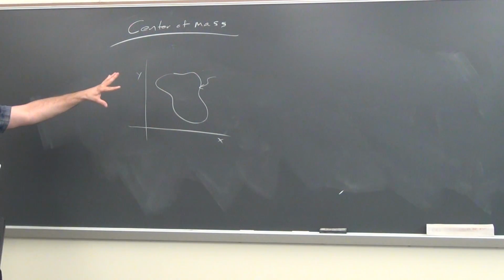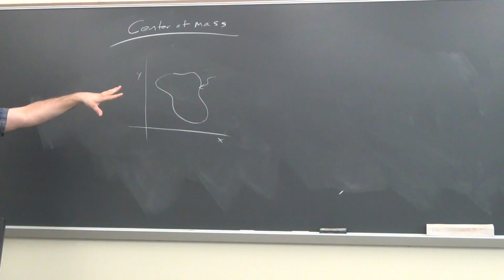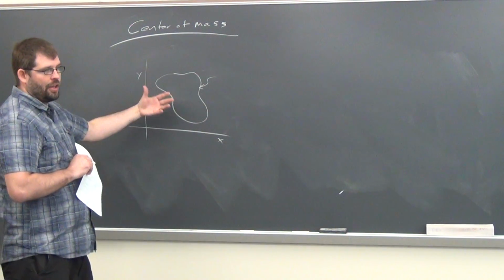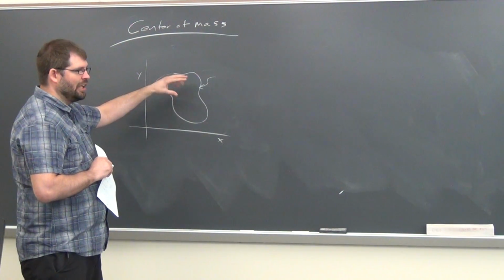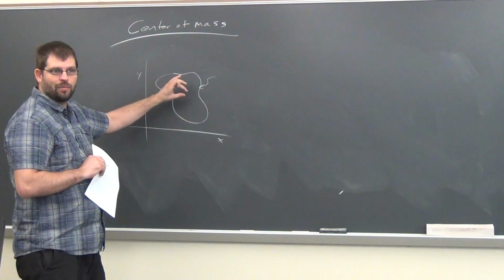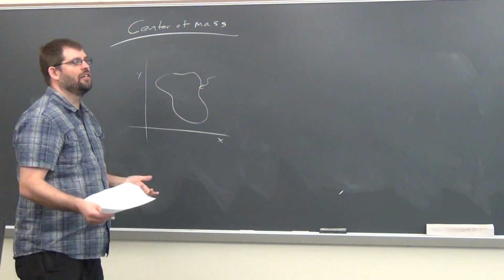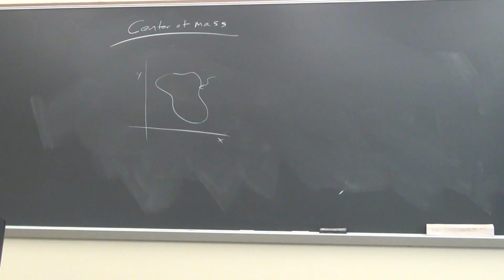So you have a plate here, and the density of the plate will vary as you move around on the plate, right? And so if you think about how you would find the mass of a plate if you knew the density, well, you could break it up into a bunch of little pieces and approximate the density, right? And then you add those up, you take the limit, and the same thing happens every time. You get this integral that comes out.